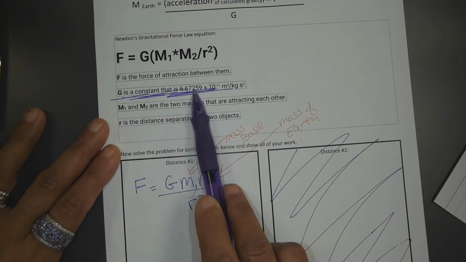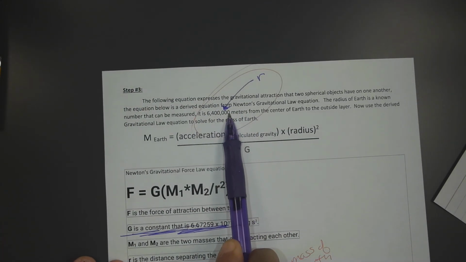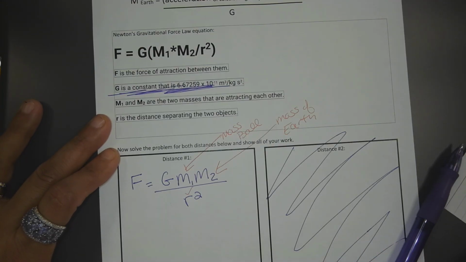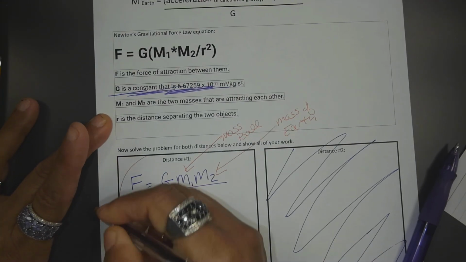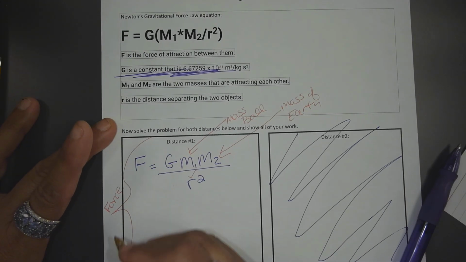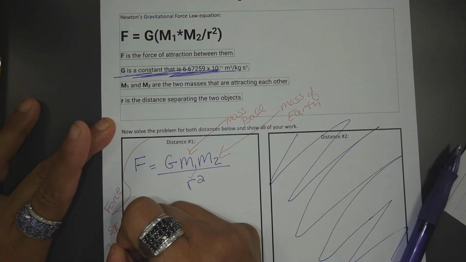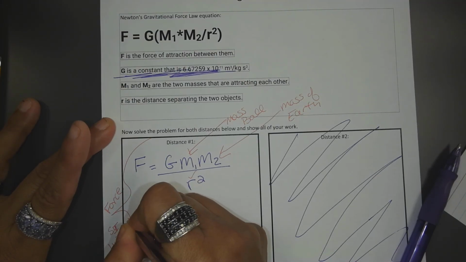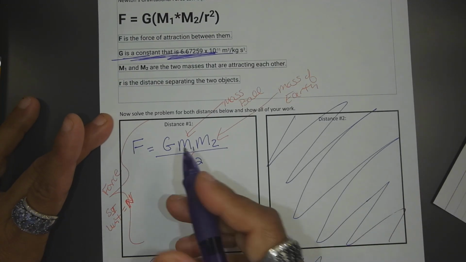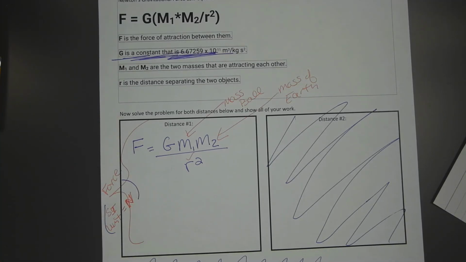Big G is that number. R squared, which is the radius of Earth over here, you're going to square it, and you're going to calculate in this section the force. The force has an SI unit in newtons, capital N for newtons. That's what you're calculating.